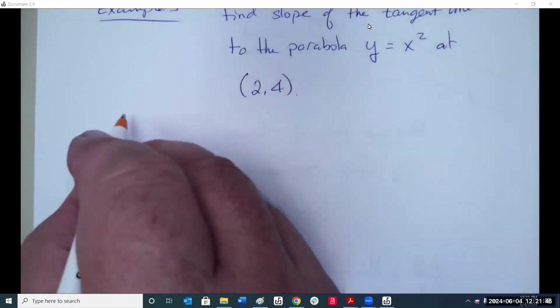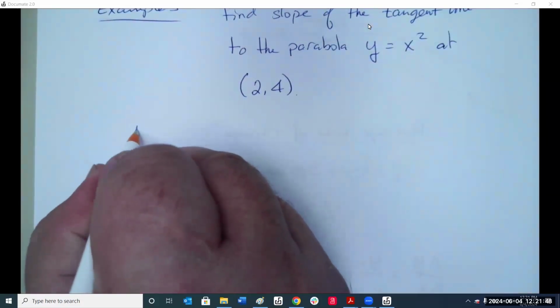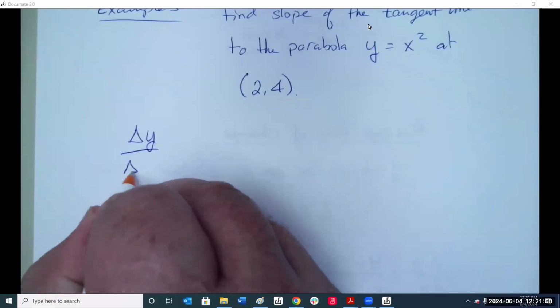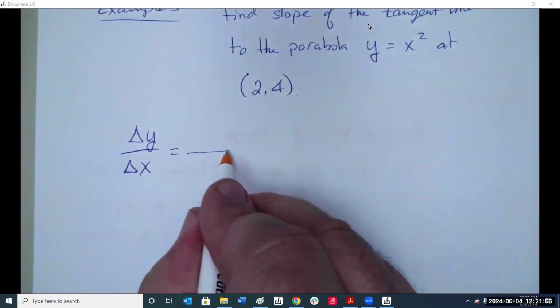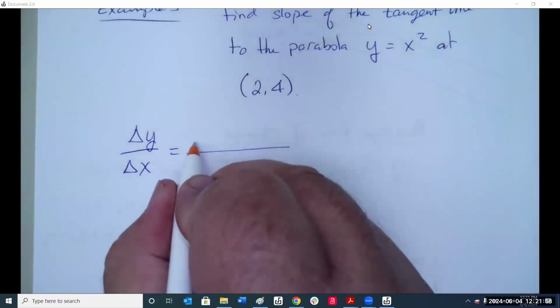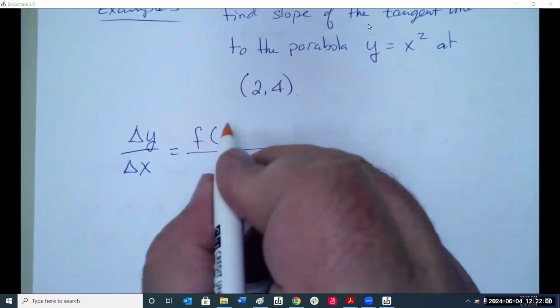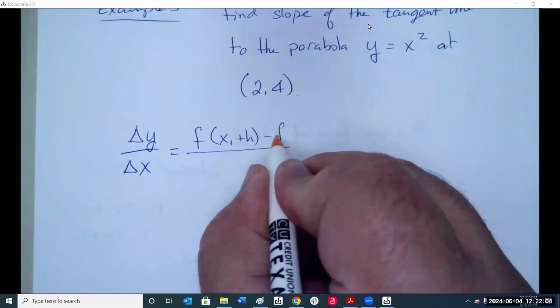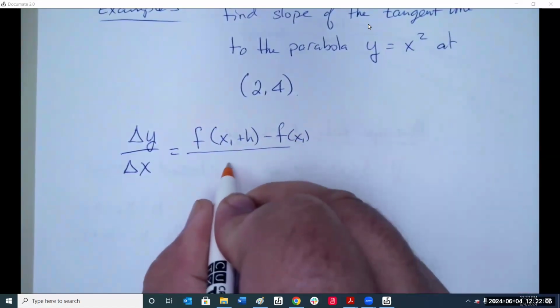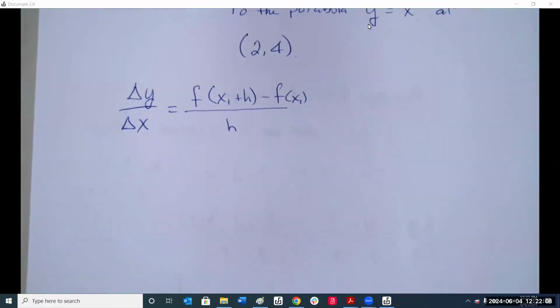So we know that our slope of the tangent line is given by this formula. Let's go ahead and fill that out. So that's going to be f of x1 plus h minus f of x1 over h.